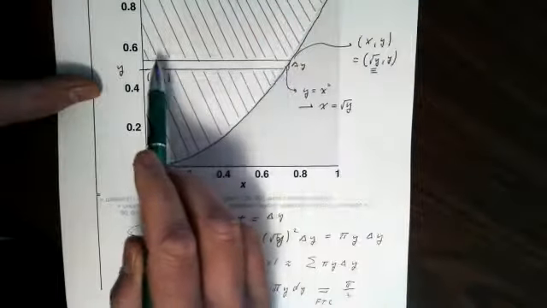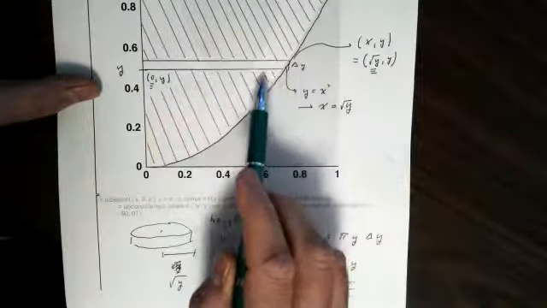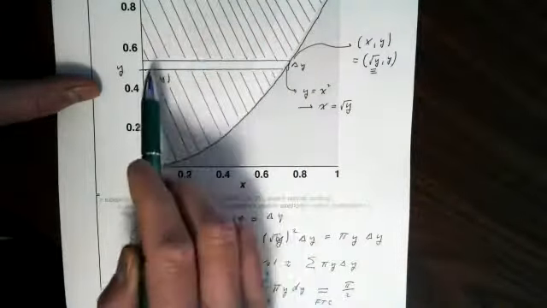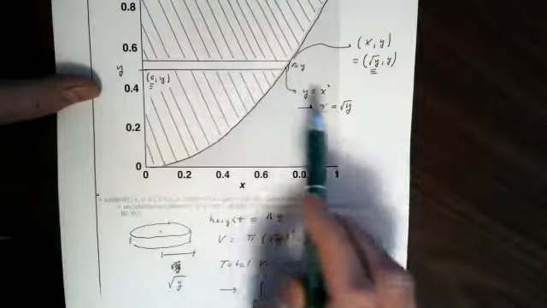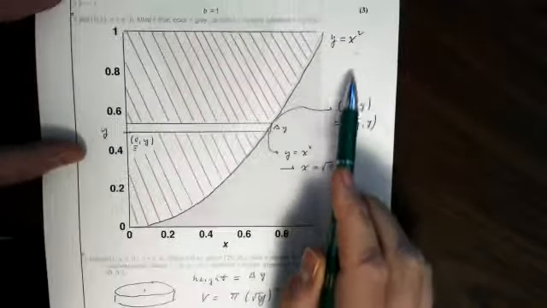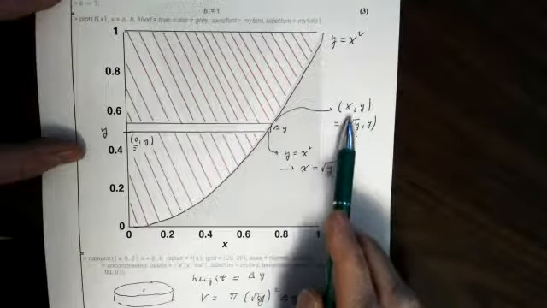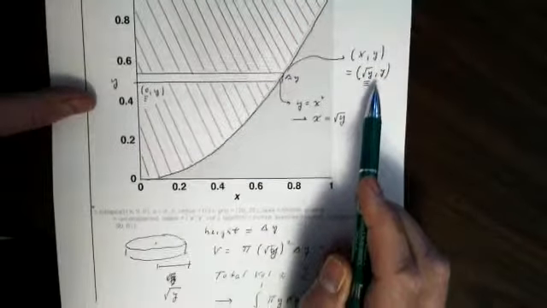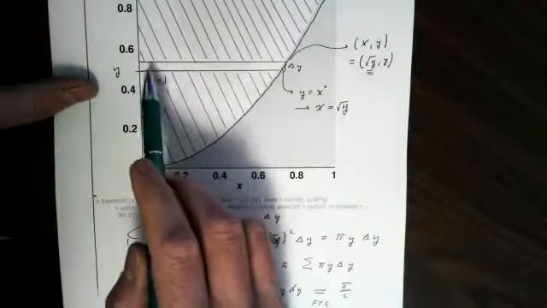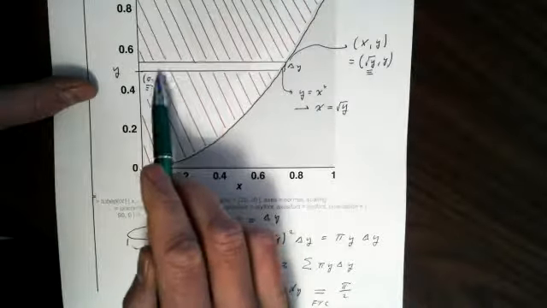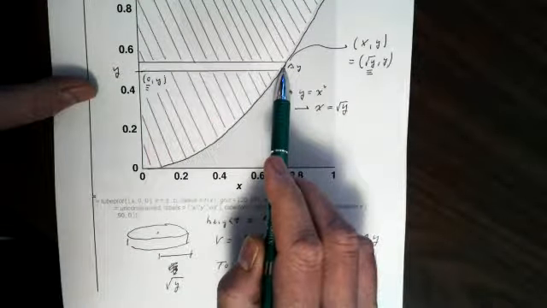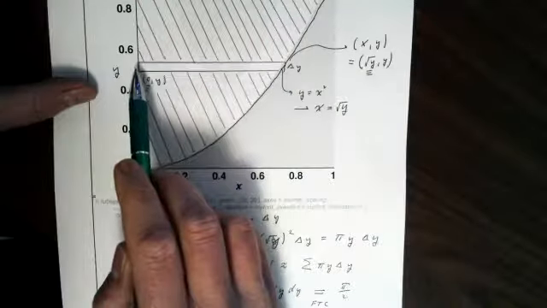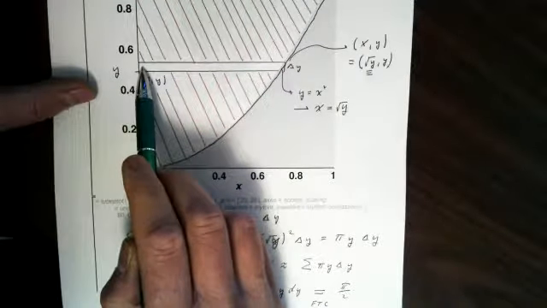The change in x values is this x value minus 0. But in terms of y, if we take y equals x squared and solve it for x, we get x is the square root of y. So whatever y is, the horizontal distance is going to be the square root of y minus 0.